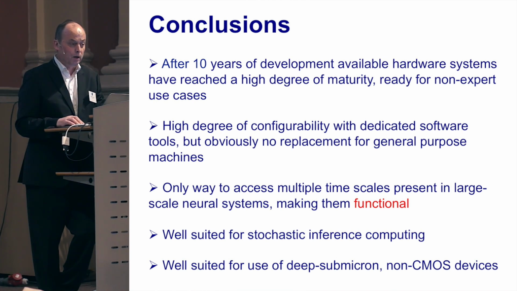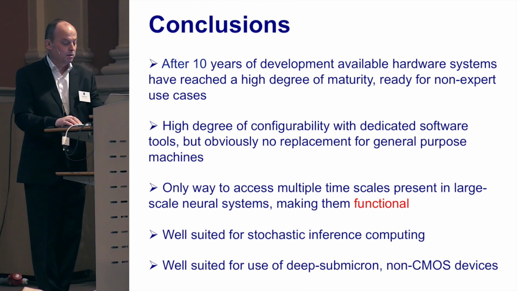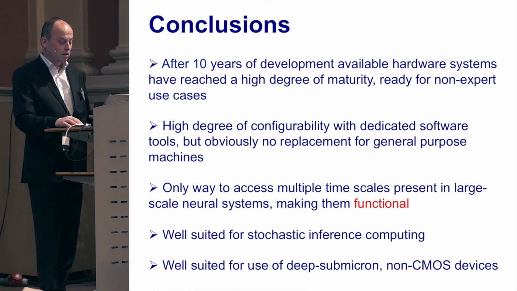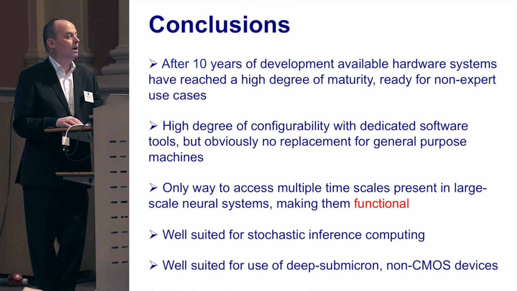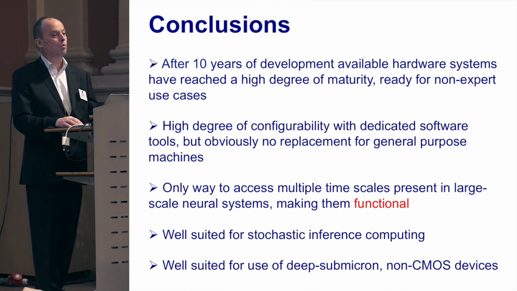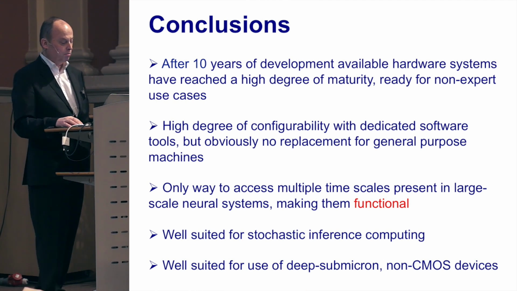They may be useful for neuroscience and machine learning, but there are other things that you will certainly never do, like, for example, simulating materials or weather prediction. The only way to access multiple timescales in brain circuits, which are present in those systems, is using these kinds of approaches. And I think that's the only way to make them functional. This is why I think it's so important.